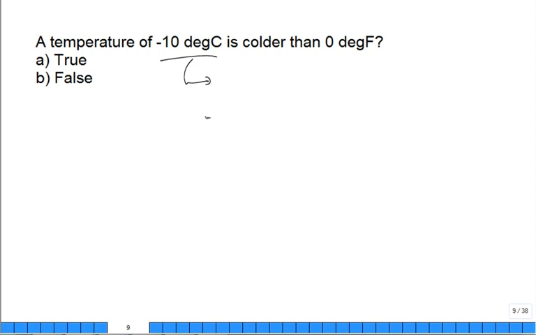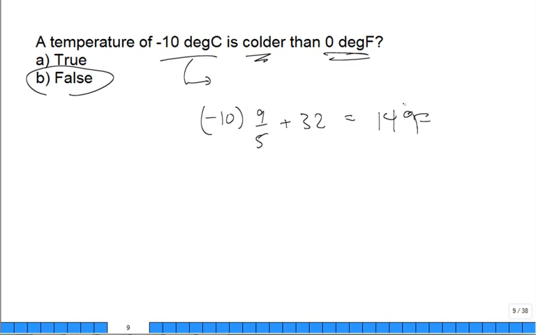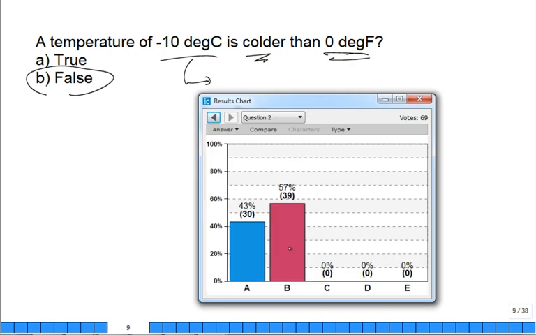You basically multiply negative 10 times 9/5, or 1.8, and you get 14. What about 14 degrees F? Is it colder than 0 degrees F? Doesn't take much to be tricky, right? All right.